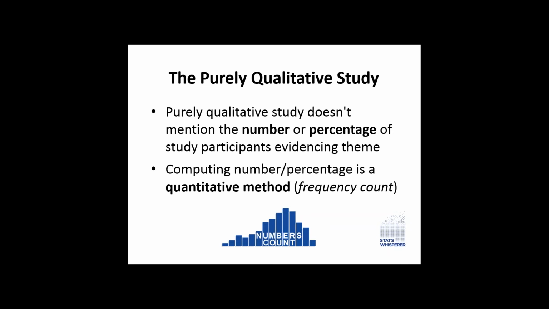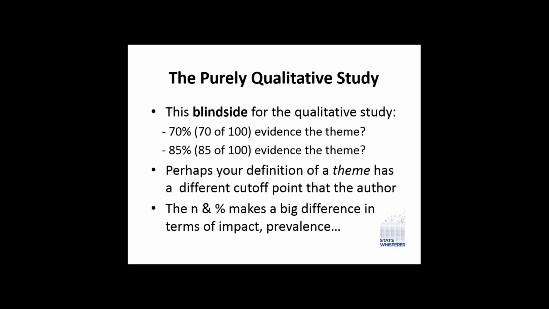We're not sure because we're just told there's a theme, but we don't know the numbers and percentage of people out of 100 that said it, because that's going into the quantitative area. So the blind side of the qualitative study might be, right, that very thing.